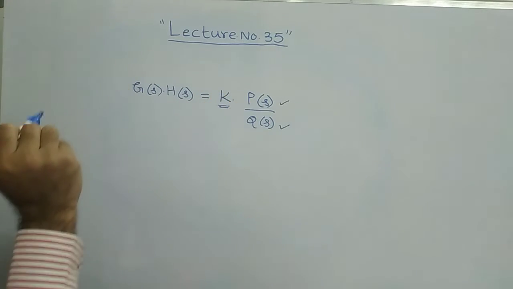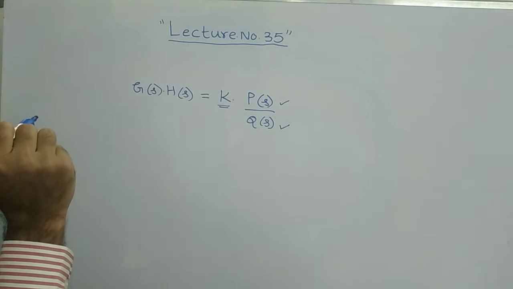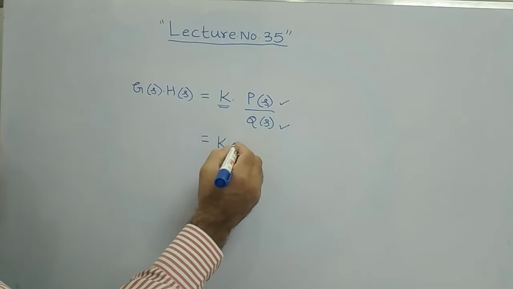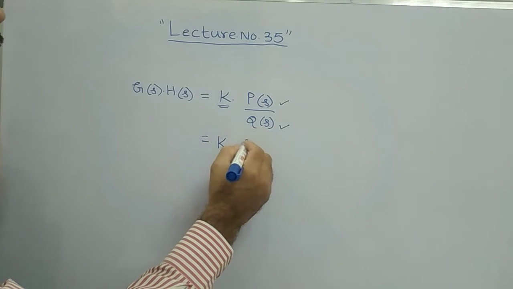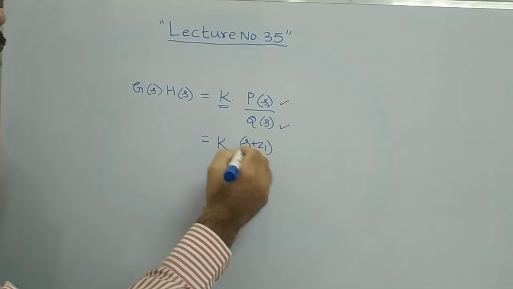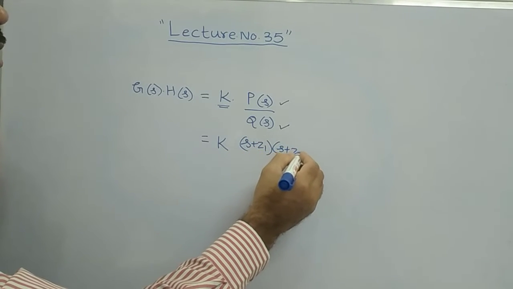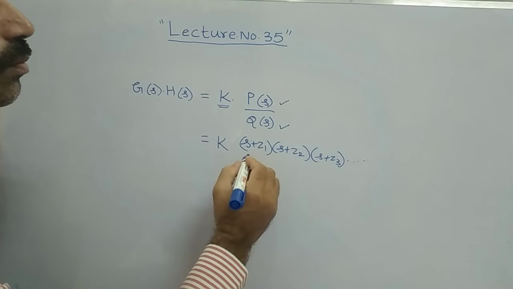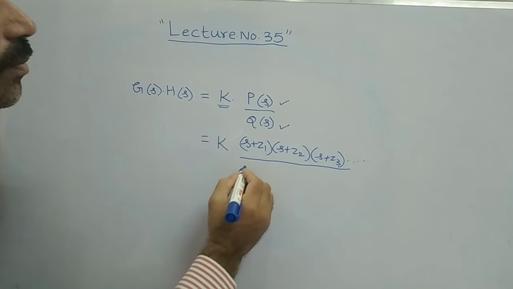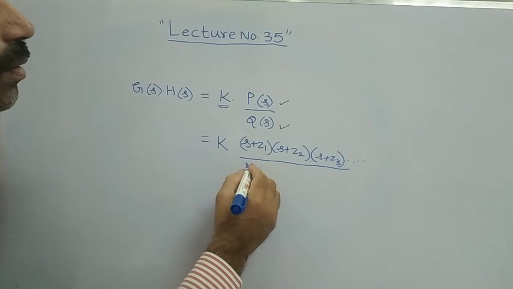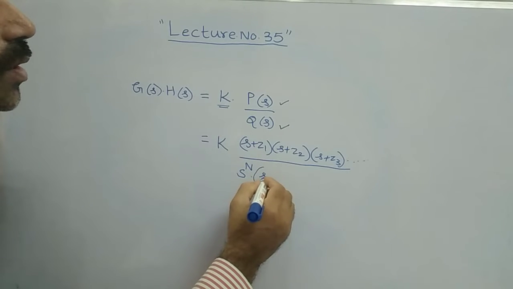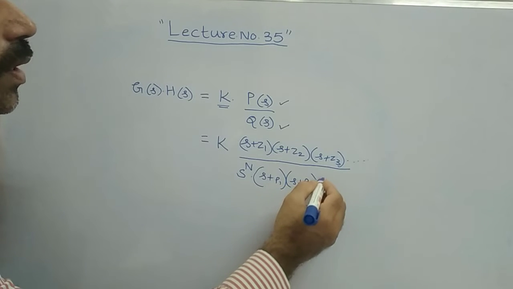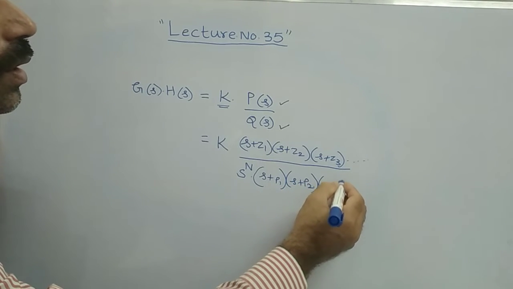P is in terms of s and Q is also in terms of s, and further this can be written as s plus z1, s plus z2, s plus z3, and so on, divided by s power n into s plus p1 into s plus p2 into s plus p3, and so on and so forth.